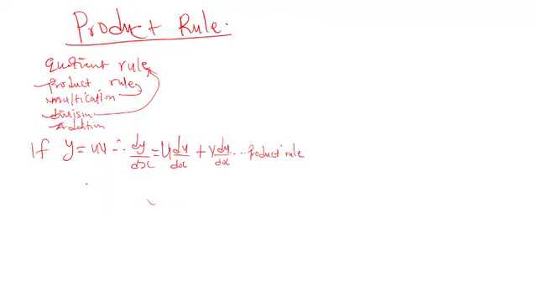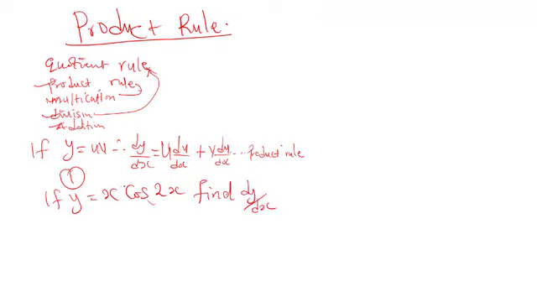For example, example 1: if y equals x cos 2x, find dy/dx. You know, this is a product rule because we have a separate function here and this is also a separate function. So in dealing with this, let's start applying this.